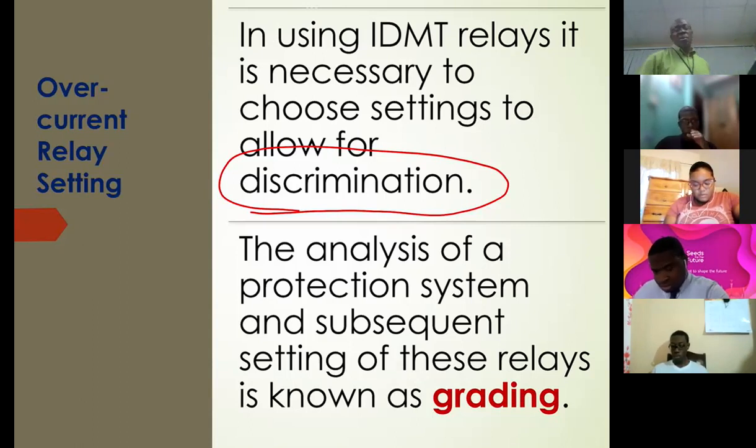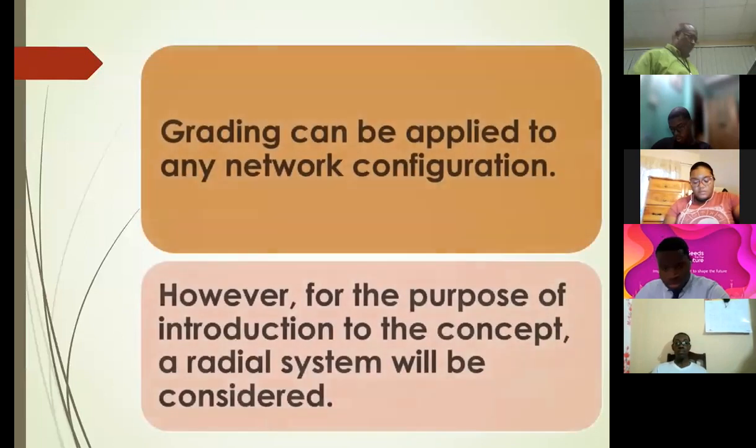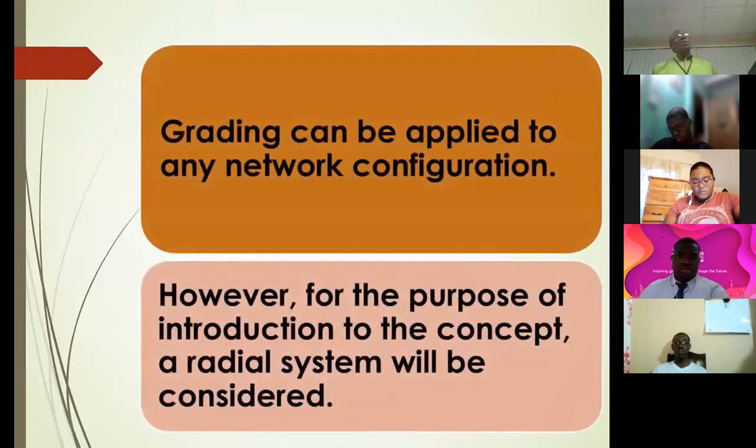And by the way, this is something that you will have to do. That's why I'm teaching it so early. Okay, it's going to come up in your lab. It's going to come up in your project. All right. So you'll have to make these settings. All right. So we're going to go through the grading exercise. Now we can apply it to any configuration.